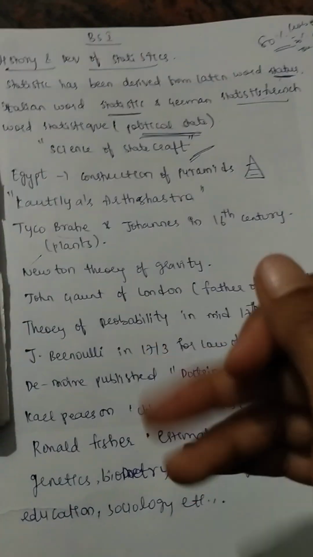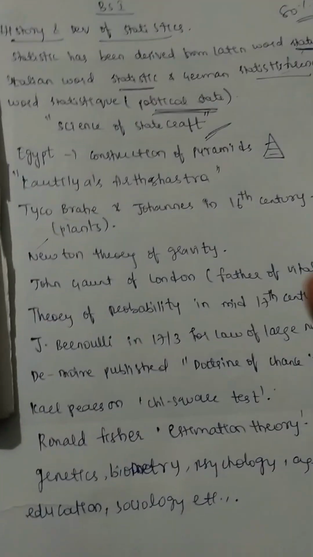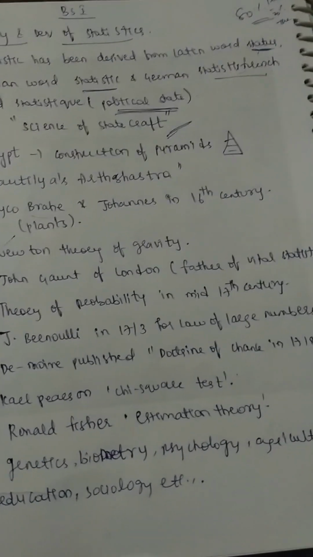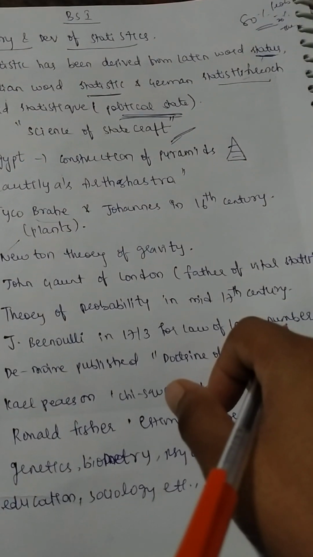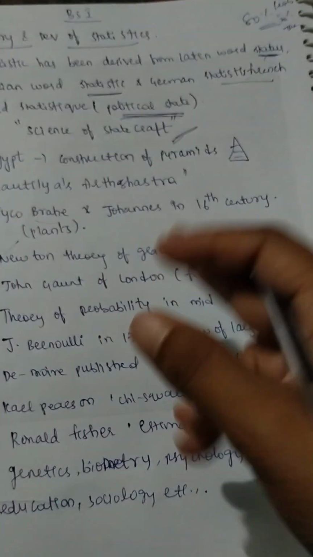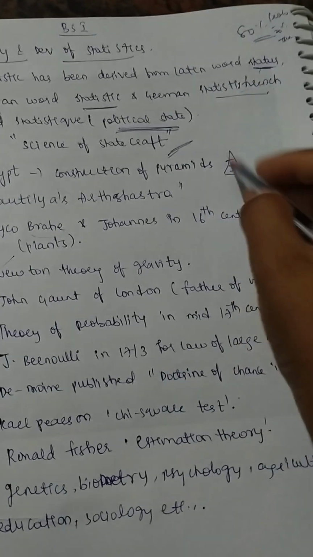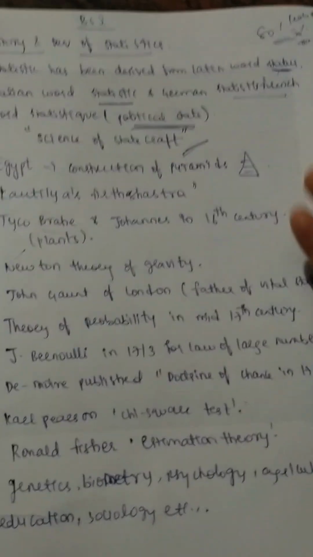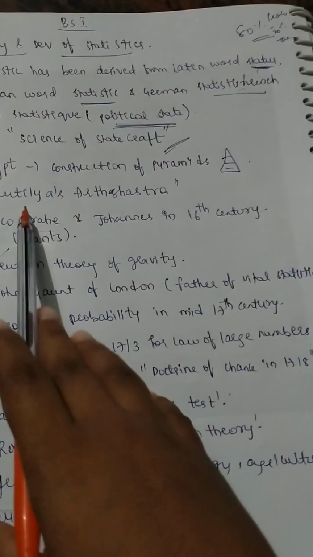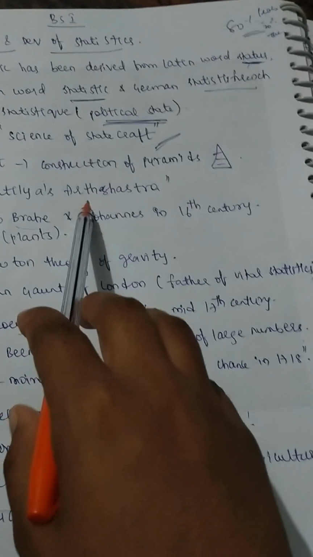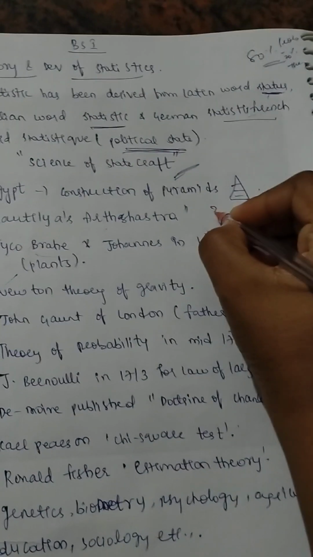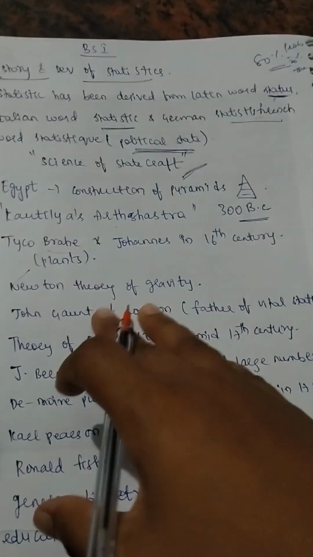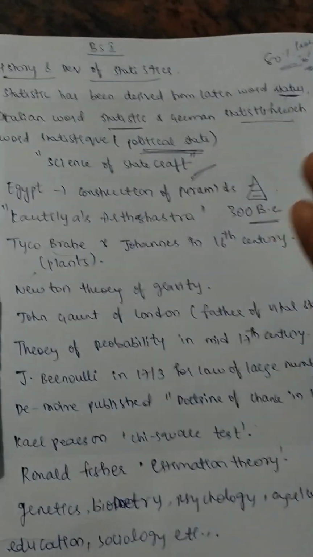At that time statistics evolved. The emperors of Egypt had a connection with the construction of pyramids: the length, the breadth, the percentage of construction, everything. Statistics was also found around 300 BC in India.